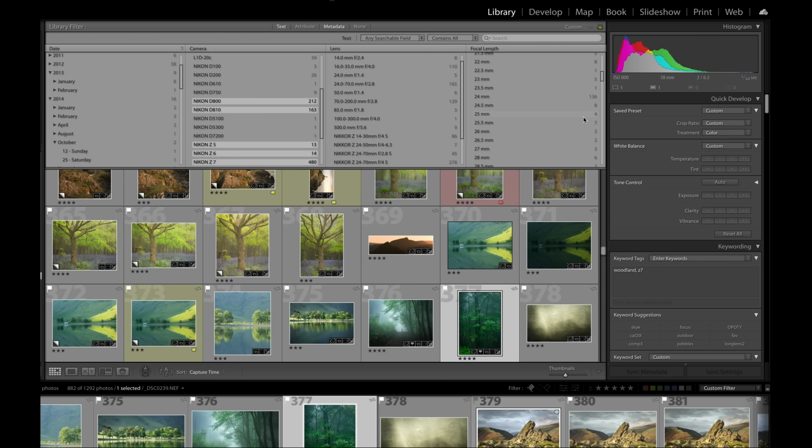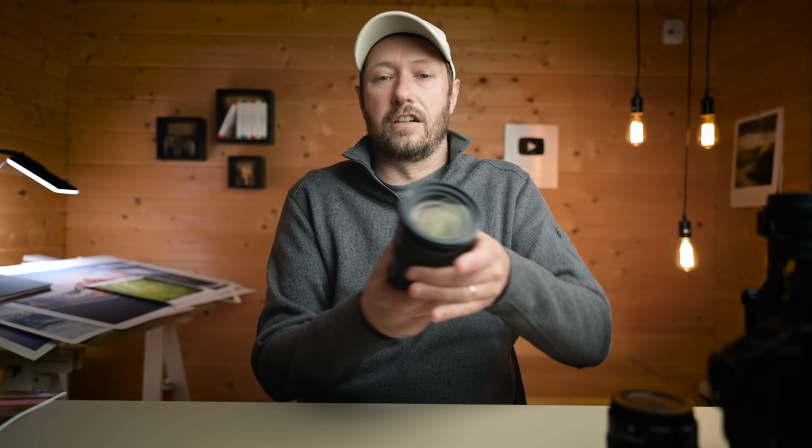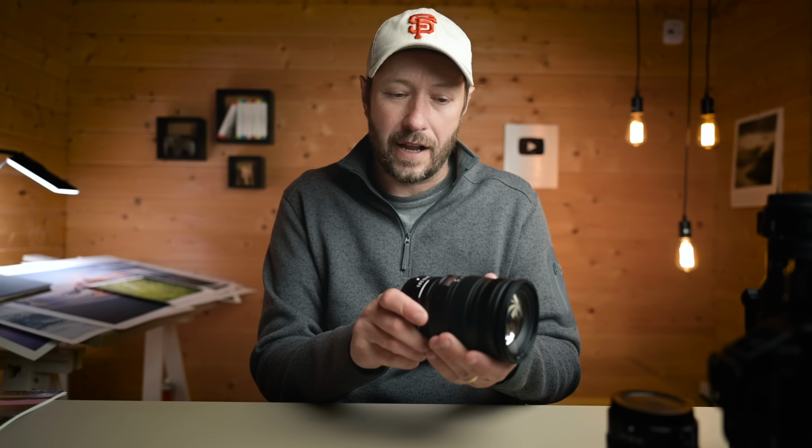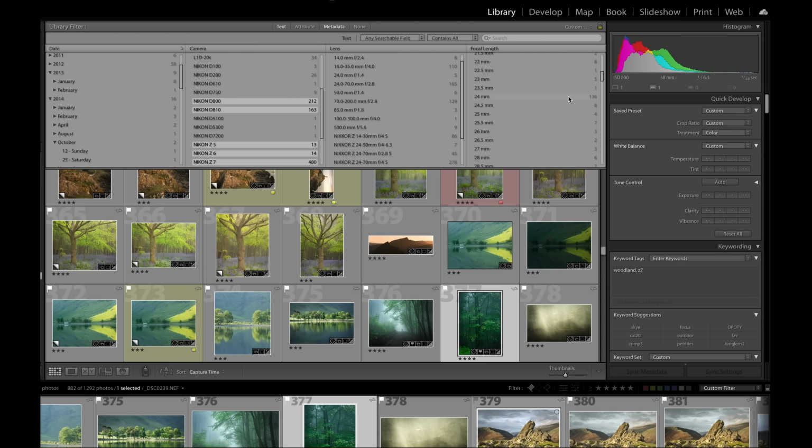What was really interesting is I took so many shots just at 24mm. I think that's because when I put my 24 to 70 on, I just go like that and shoot at 24, and that's probably not a good idea. I probably should think, if I just go a little bit tighter, is that going to help? But anyway, I shot at that range around 156 of my portfolio shots.